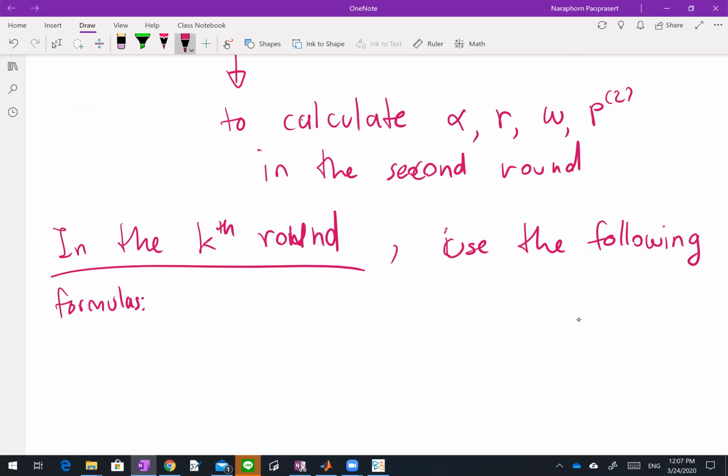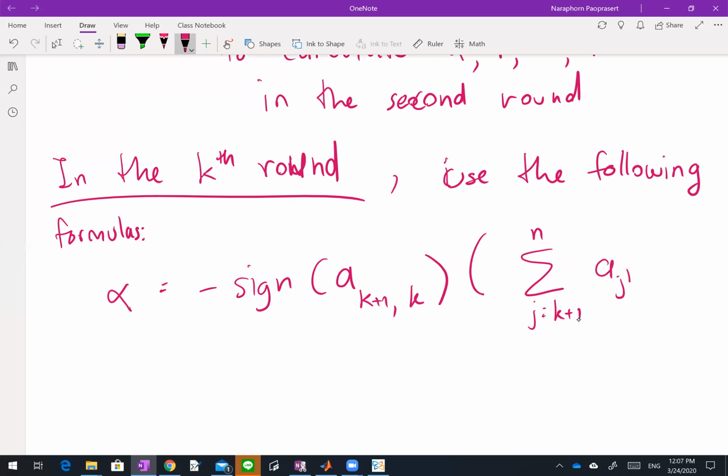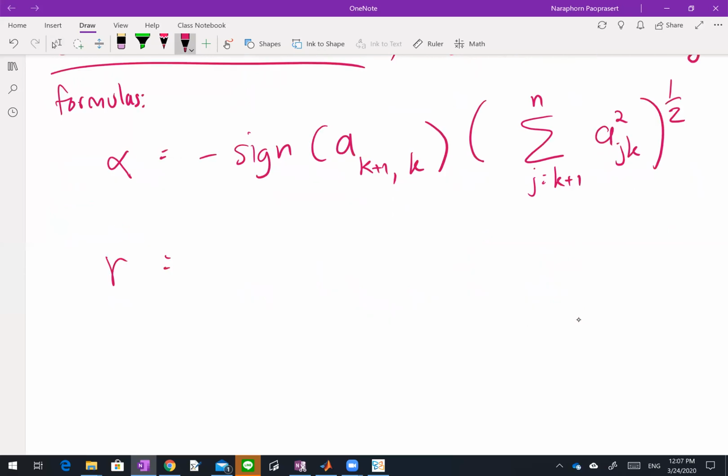So first, alpha is equal to minus sign of a(k+1,k) times the summation j from k+1 to n of a(j,k) squared, everything to the 1/2. r is 1/2 alpha squared minus 1/2 alpha a(k+1,k), to the 1/2.